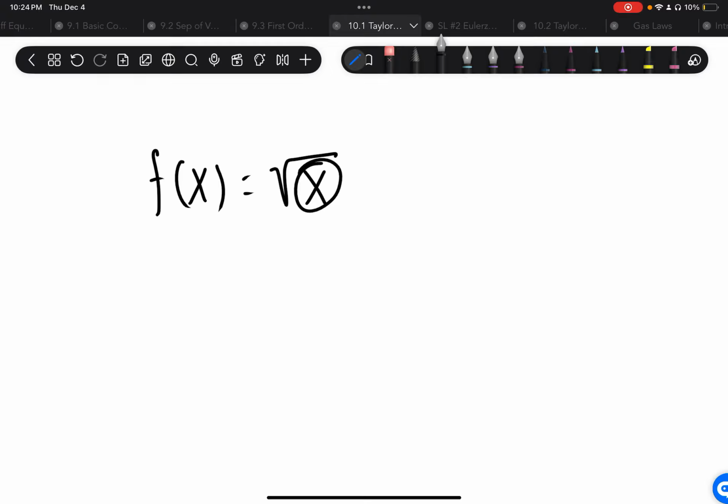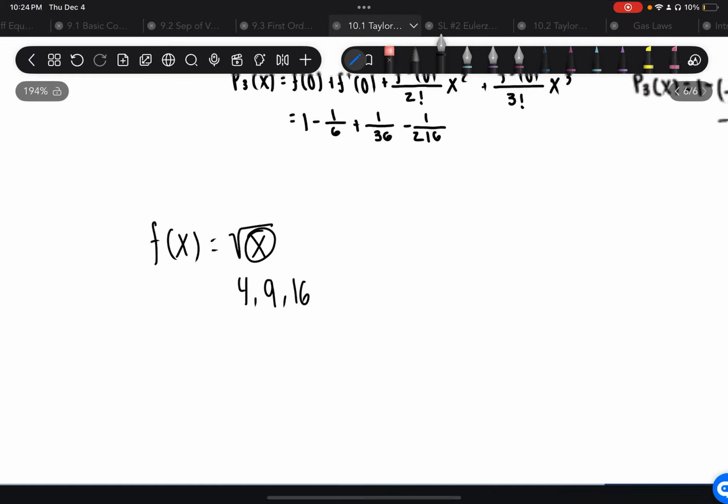And it's very important when choosing that value because we want it to be easy for us. So if I have the square root, I would want to pick a value that can be square rooted, such as 4, 9, 16, and so on. The square root of 4 is 2, square root of 9 is 3, square root of 16 is 4. Those are easy.